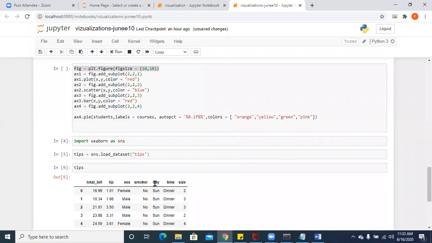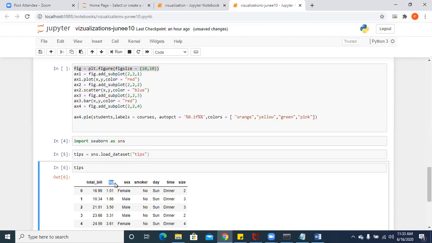If you see this, it has some features. What are these features? This is a sample data set that consists of observations on tip providers in restaurants. Total bill is the total bill paid by the customer. Tip is the tip provided by the customer.